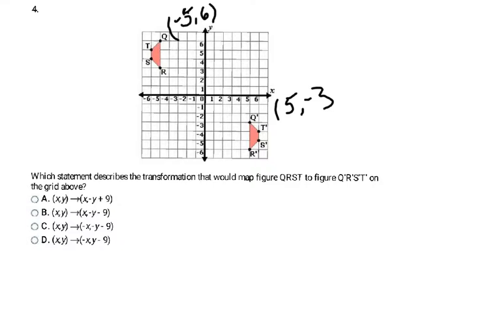So I'm just taking the opposite of the x coordinate to move it. And then if I look at the y's, I'm going from 6 to negative 3. I went down 9. I subtracted 9. So the one here that shows that you're taking the opposite of x, so positive x to negative x, that's the same as saying you're taking opposite, and subtracting 9 is letter D, my answer.